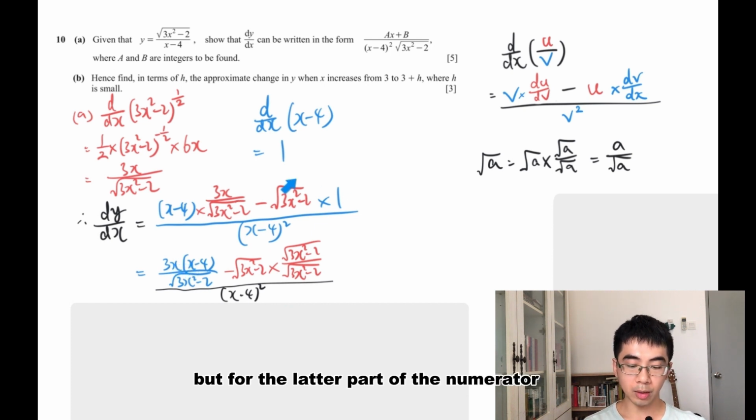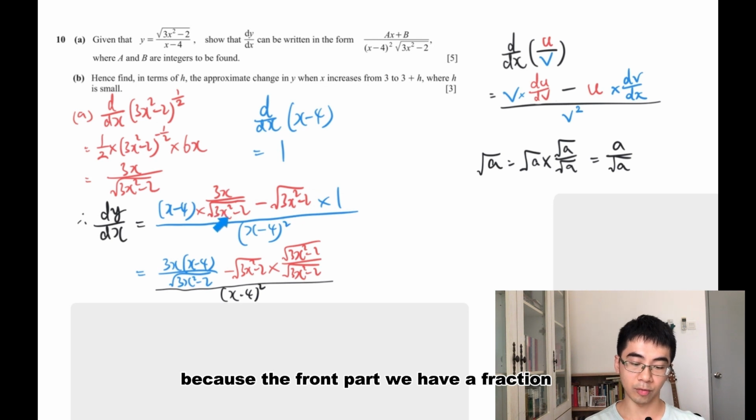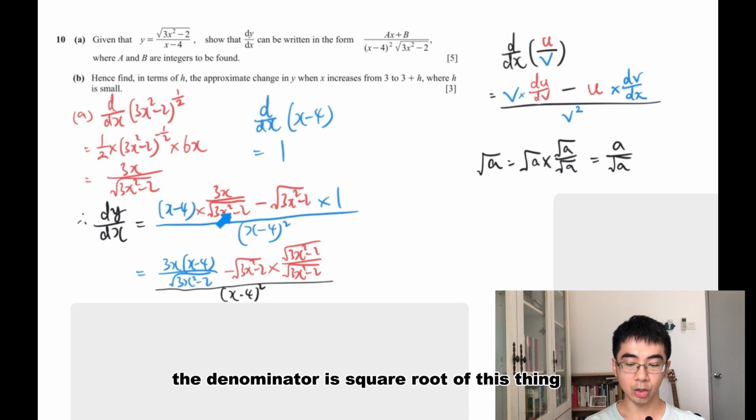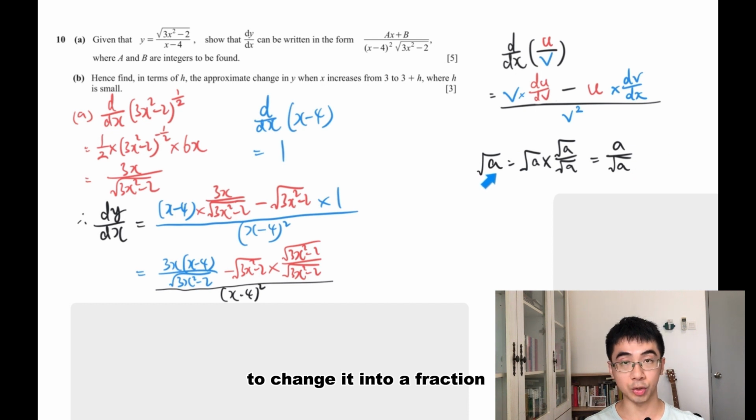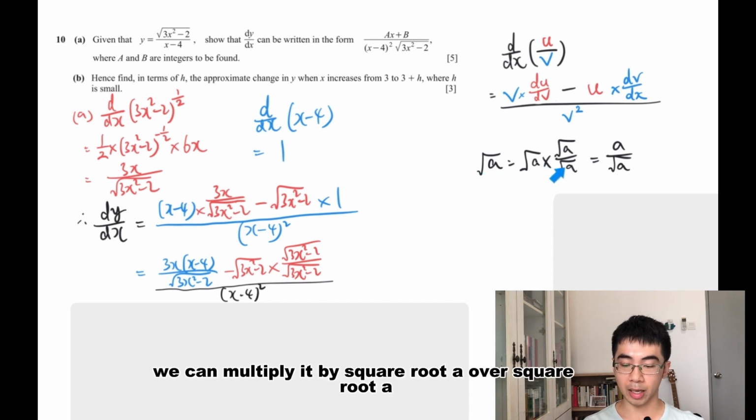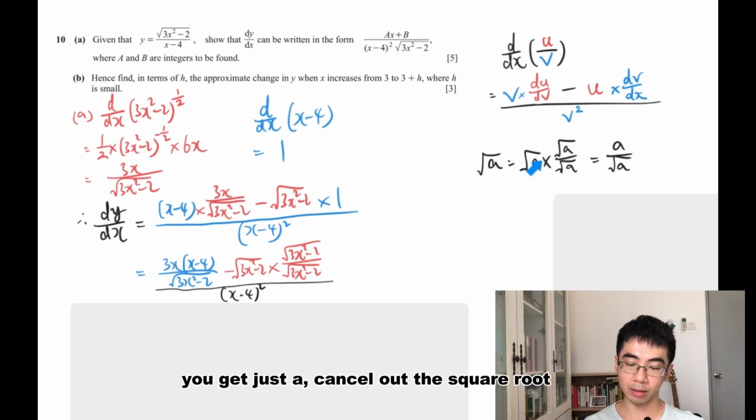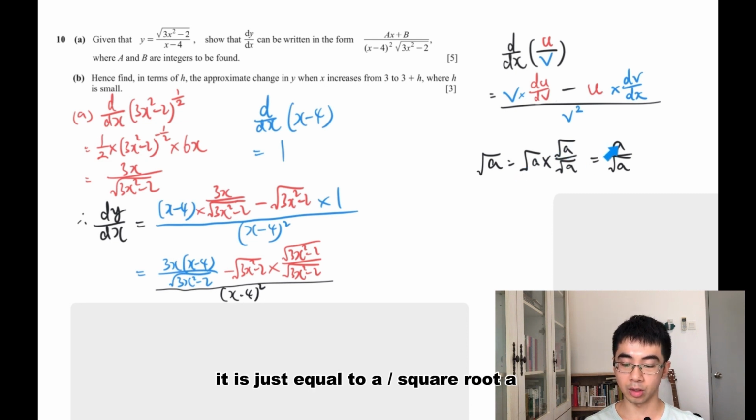But for the later part, because the front part has a fraction and the denominator is a square root, we need to use a formula to change it into a fraction. For a square root a, we can multiply it by square root a over square root a, and for the numerator you will get just a, cancelling the square root, so it is equal to a divided by square root a.